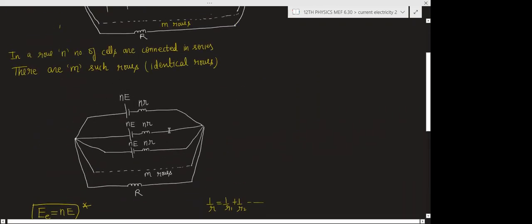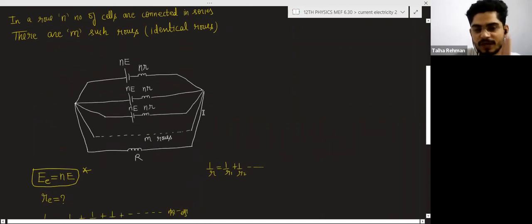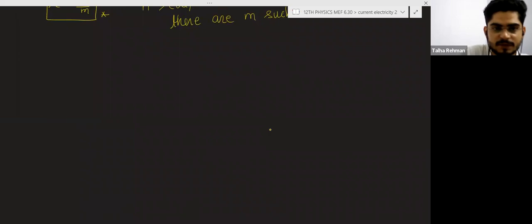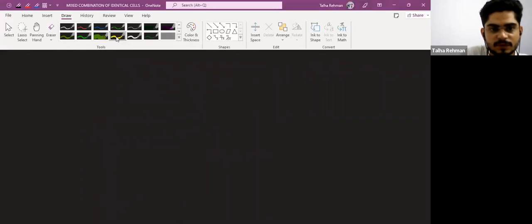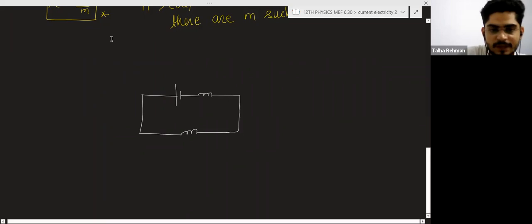Now let's see. We have calculated the equivalent EMF and equivalent internal resistance, and one thing more, we have this external resistance. So now I am making another circuit. Now focus on this equivalent circuit.